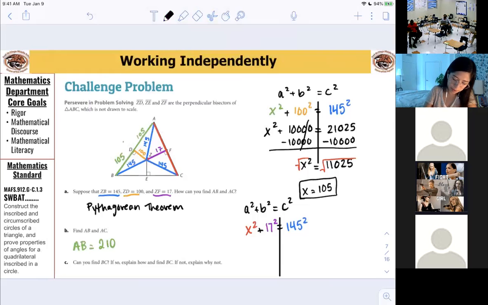Let's do the exponents. What do I get for my exponents? 17 squared is 289. Good, 289. And we already know from the previous problem that this is 21,025. So what do I do to both sides? Subtract 289.